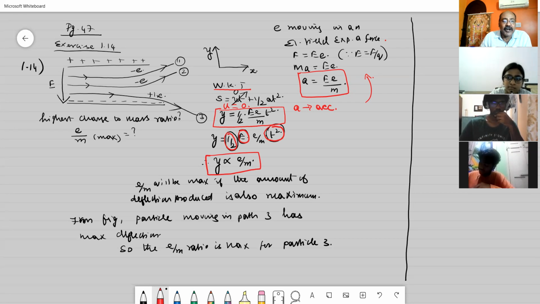The charge to mass ratio will be maximum if the amount of deflection produced is also maximum, since both are directly proportional.